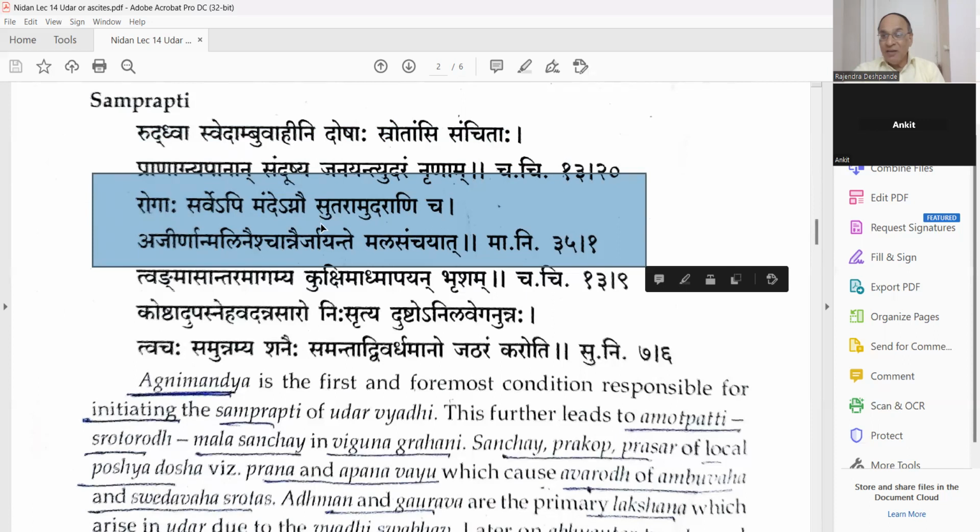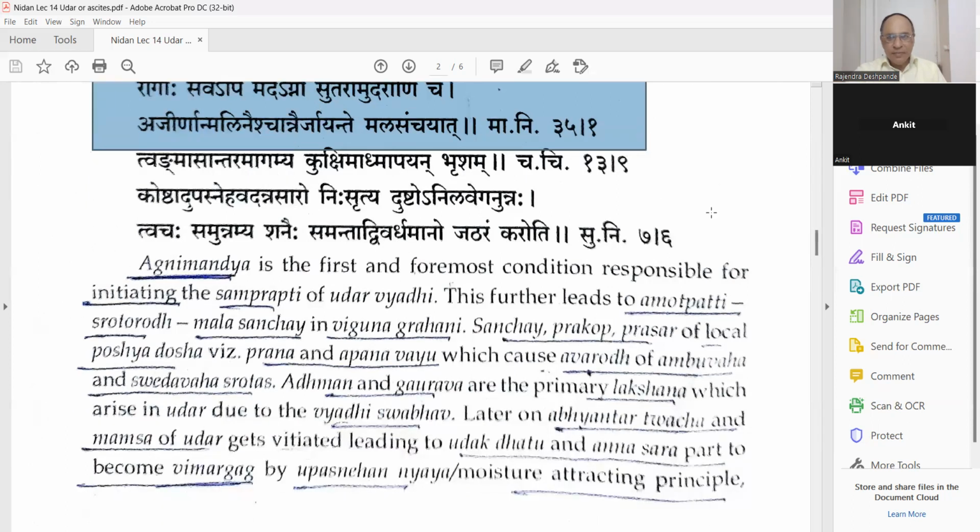What is Nidan saying? Rogaha sarvepi mandegnau sutram udarani cha. He says all the diseases from cold to cancer, the basic reason is Agnimandya. And for Udara Vyadhi, definitely there is Agnimandya.